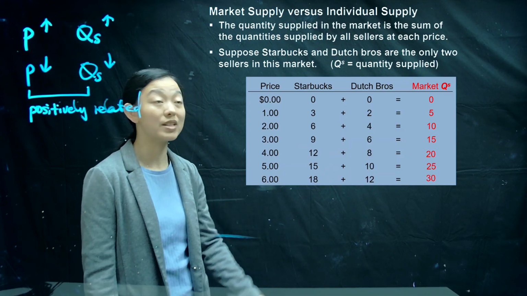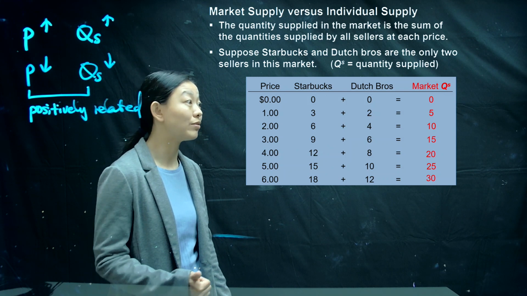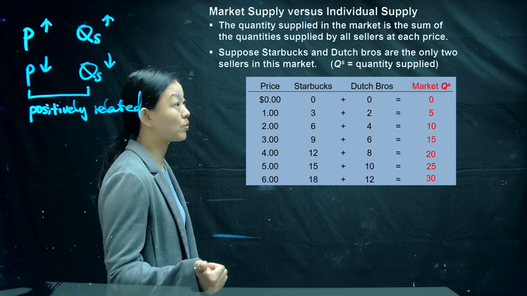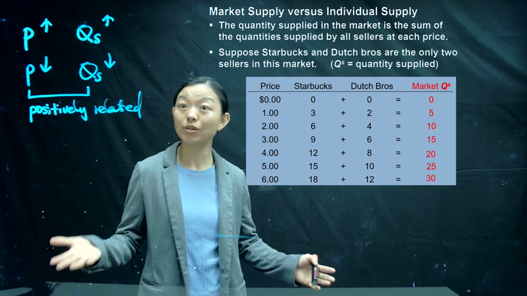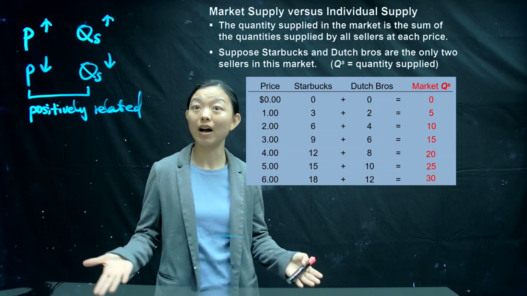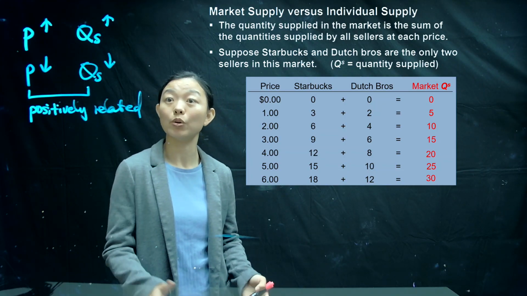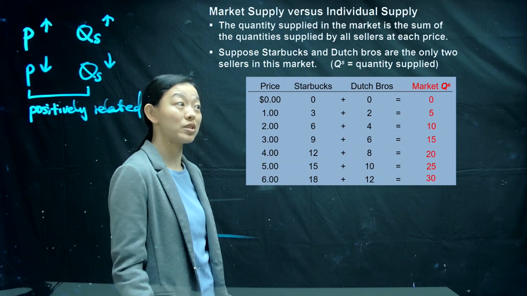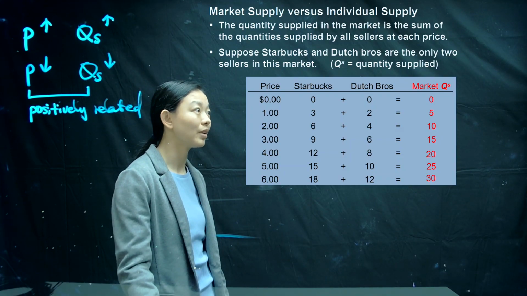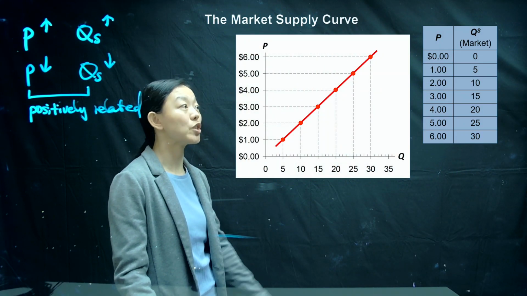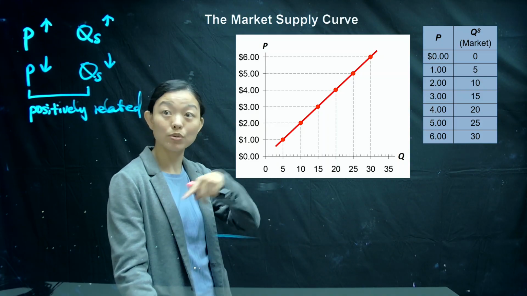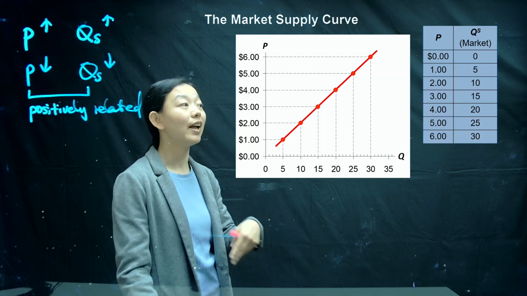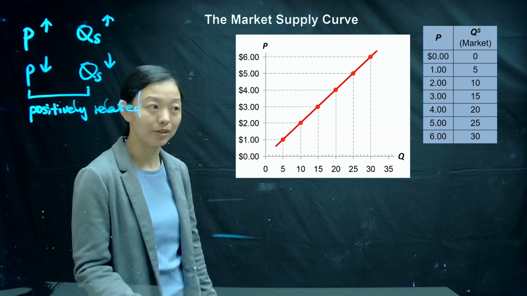When the price increases to $6, Starbucks would like to offer 18 units and Dutch Bros would like to offer 12 units. So in total the market supply of lattes will be 30 units when the price increases to $6. So based on the market supply, you can also draw a market supply curve for latte, which is still an upward trend. Okay.